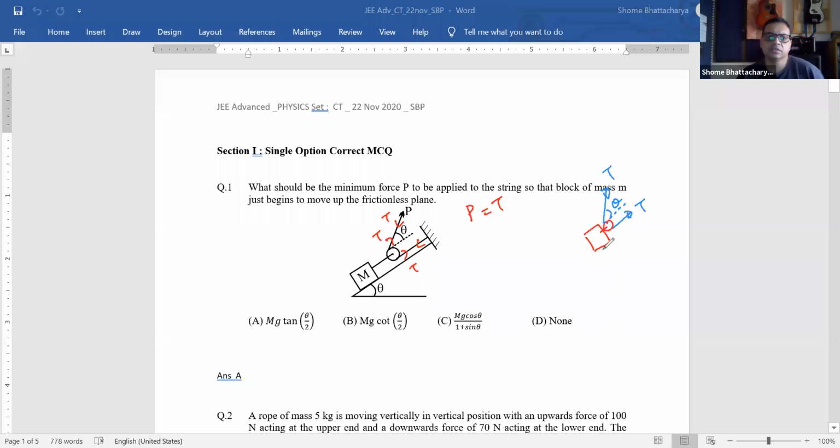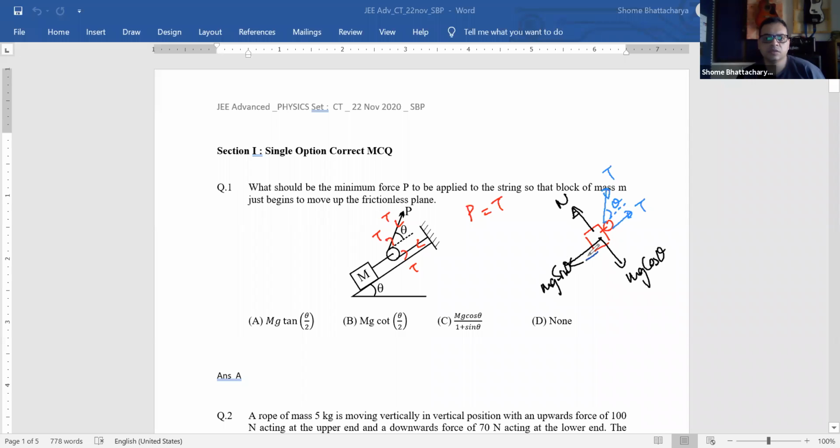And apart from that, there is mg cos theta, mg sin theta, sorry, normal reaction, mg sin theta, and we have to just about apply enough force so that it starts moving up the inclined plane.